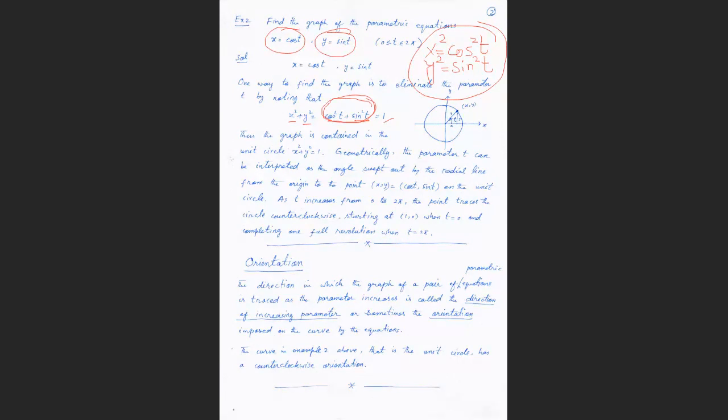1, right? And can anybody tell me which equation this represents? (x minus a) whole square plus (y minus b) whole square is equal to r square.